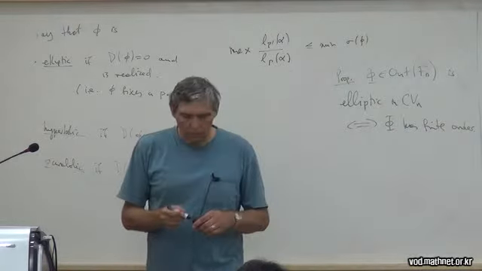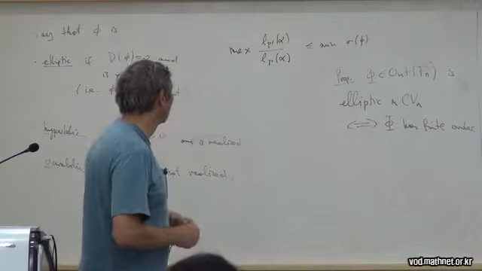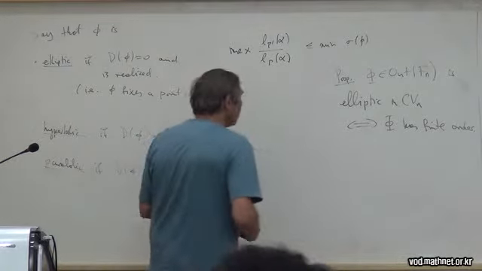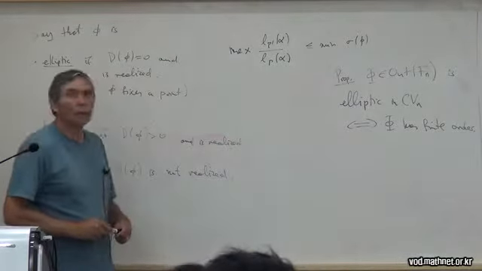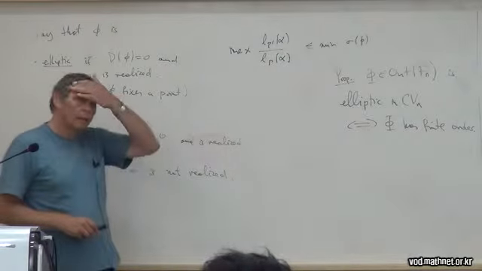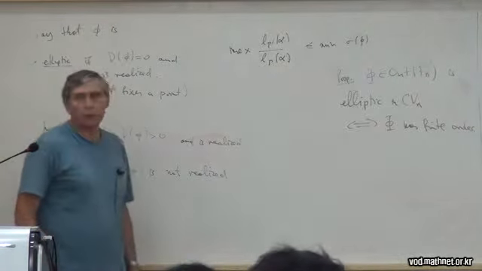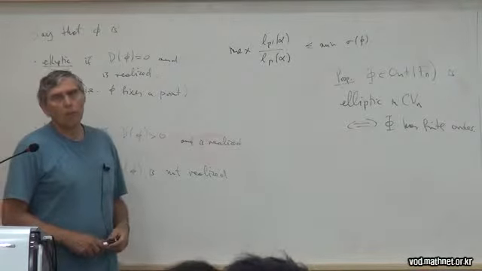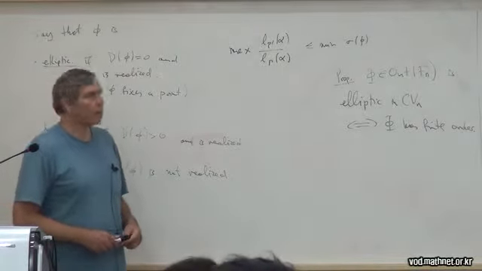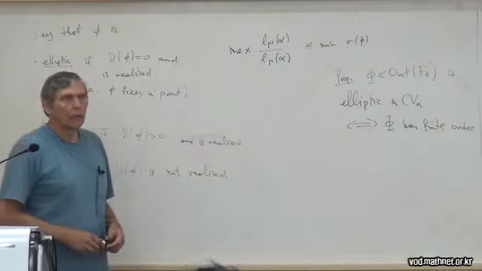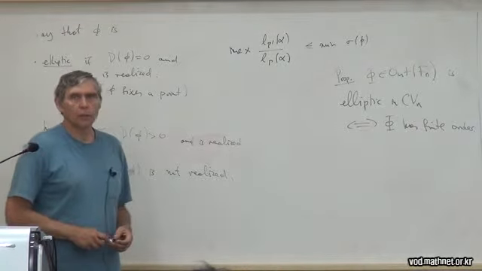Okay, so what's the proof of this? If it's elliptic, what does that mean? By definition, it means that it fixes a point. Well, point stabilizers are finite, so it has to have finite order. What if it has finite order? How do I find a fixed point?